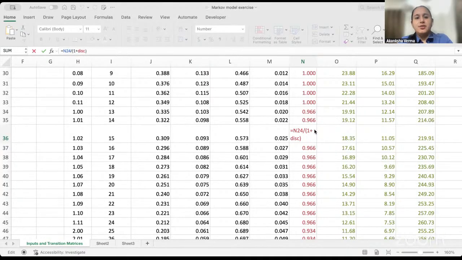Now, with respect to decision trees, you can also use TreeAge, and TreeAge is very helpful. It's very easy to do decision tree analysis on TreeAge, and also Markov. But because it's not freely available and everybody doesn't have access to it, I've avoided it.